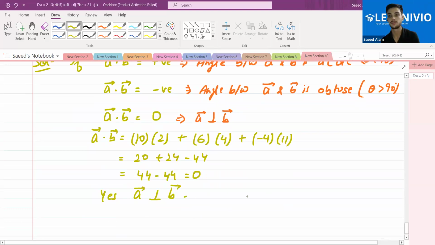Do you agree with me that just by finding out the dot product, we can comment about the angle between the vectors? We had given three comments.